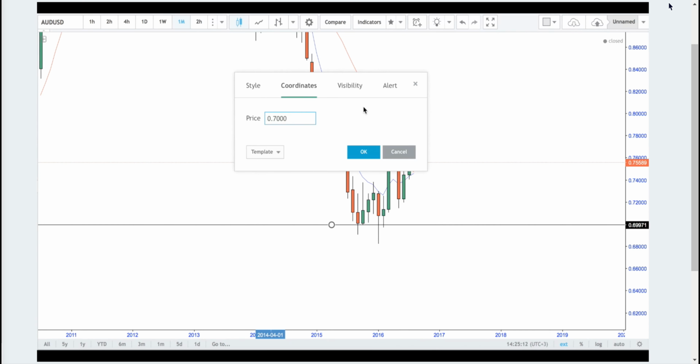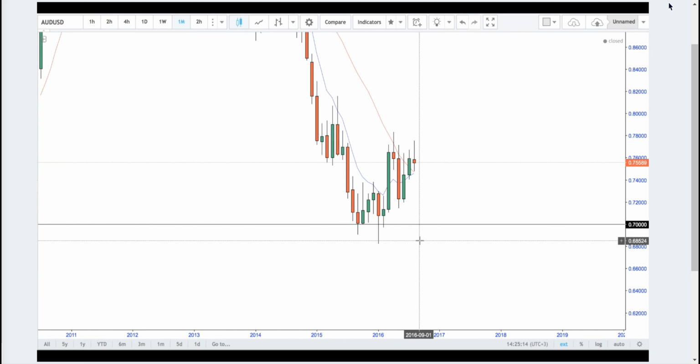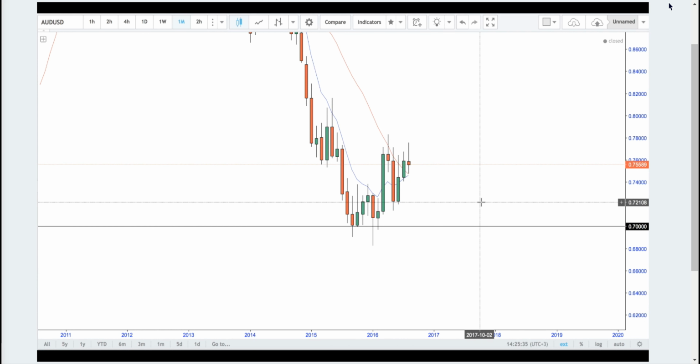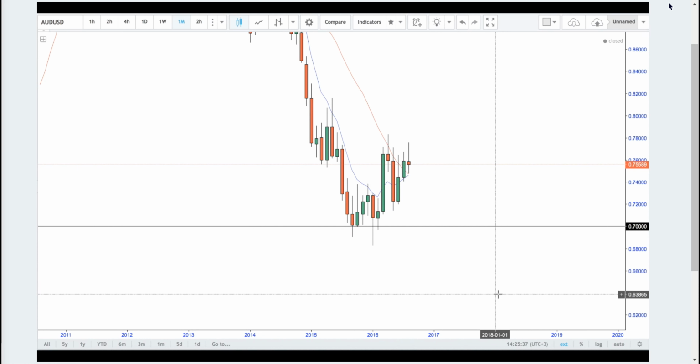What we're looking for here is that I am trying my best to keep towards the 00s and the 50s, because the 00s and the 50s, the psychological levels and the psychological boundaries, are the ones from which many institutions, banks and so forth are trading. They're like the biggest barriers. So this is why I want to stick with those barriers on the monthly and weekly time frames if I can, especially on the monthly. So 0.7 is my first area.